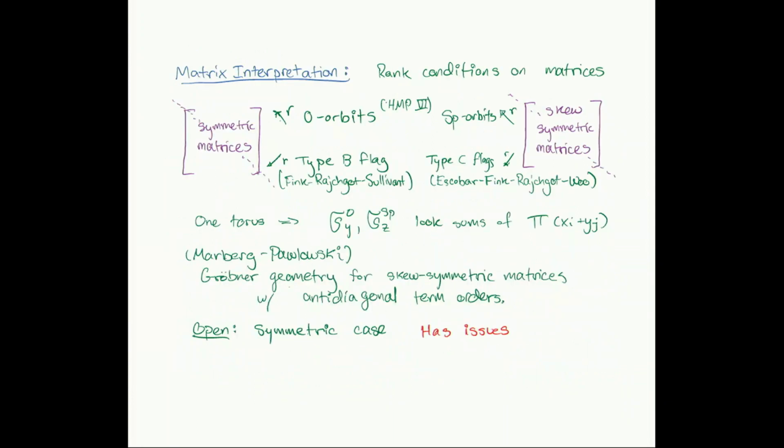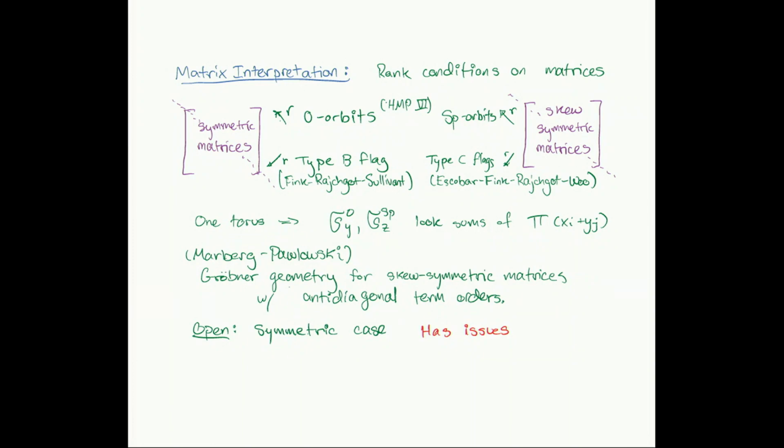All right, so you can also think of these in the matrix setting, i.e. affine space. And here you have symmetric matrices and skew-symmetric matrices. So in the symmetric matrices, you can think of it as you have rank conditions in two directions, right? Either you can read from the upper left or you can read from the bottom right. For all matrices, that's roughly equivalent, right?